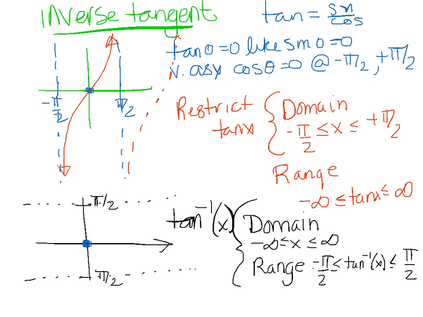How am I going to think about this? Should I go above, below? Where do I start, right? When I'm looking at the graph of tangent, both the x and the y values are negative at the same time. So when I switch, it's going to be the same thing. They're both negative at the same time. So if I'm at negative x values, then I'm at negative y values as well.